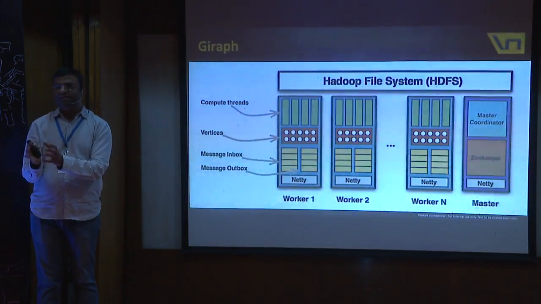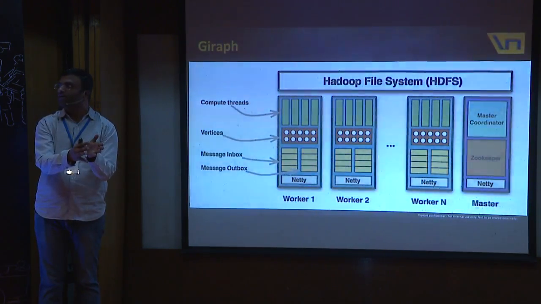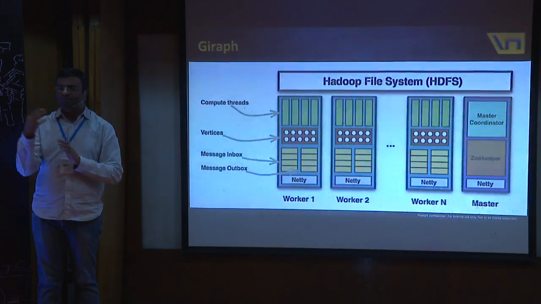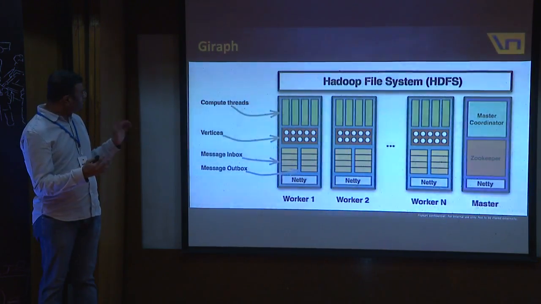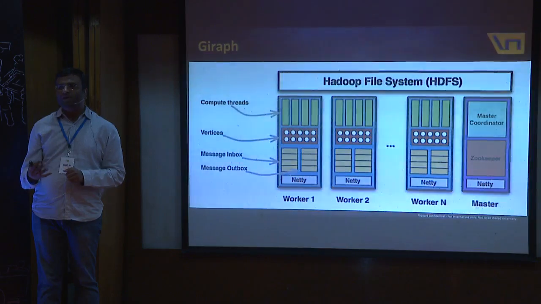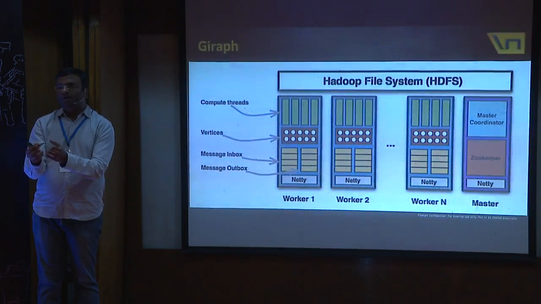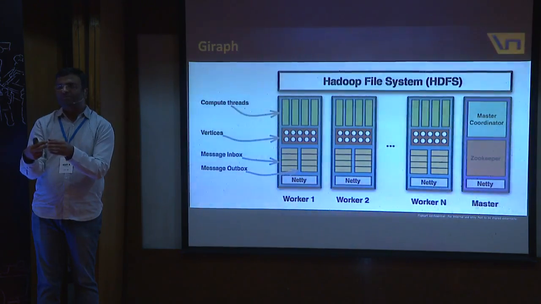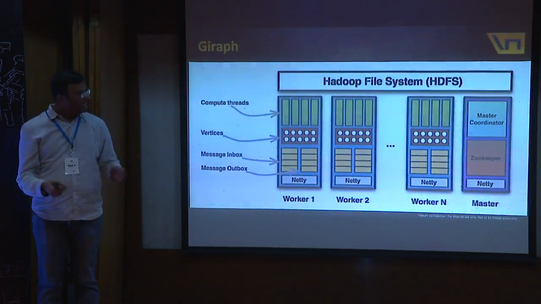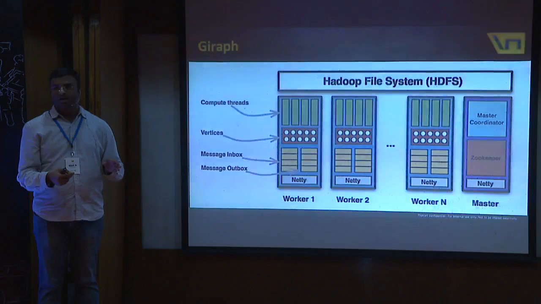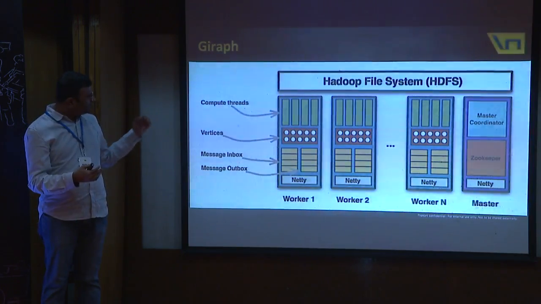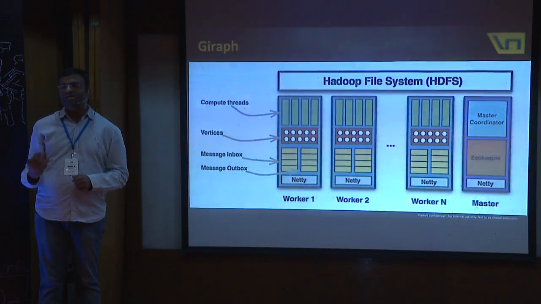Each group of vertices is given to one worker for processing. The worker has multiple threads. The threads take a message meant for a particular vertex and give it to the vertex, some part of the algorithm runs as part of the vertex, you get a message now, and that goes to your outbox. Then this message is taken from the outbox and delivered to the next vertex via Netty.